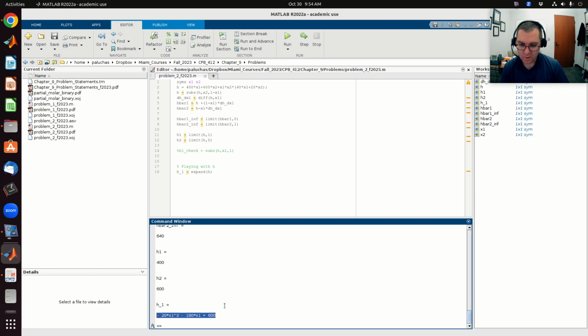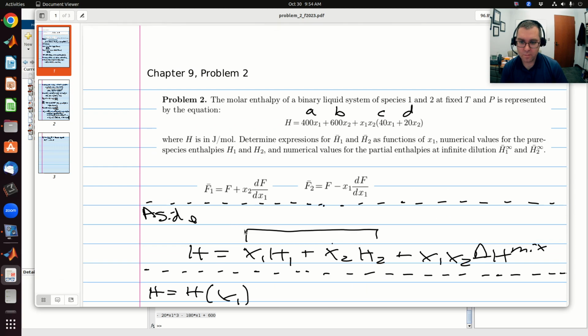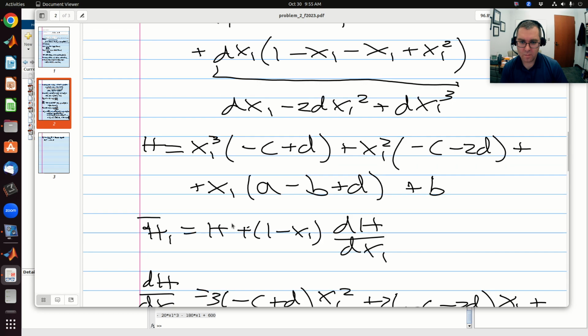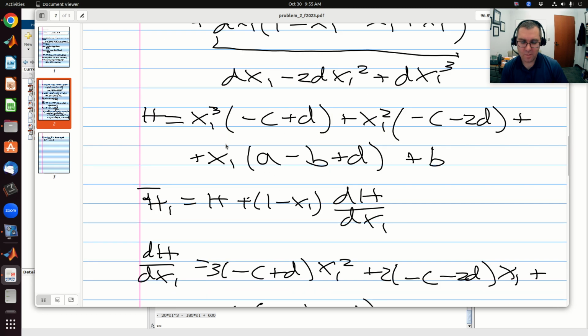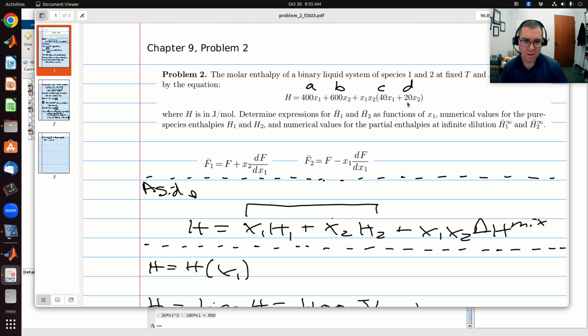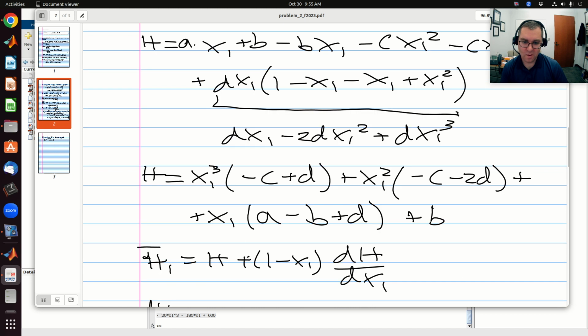20 x1 cubed minus 180 x1 plus 600. Okay, so did we simplify? I'd have to plug in my terms. So I have minus 20 x1 cubed. What is d minus c? D minus c would be negative 20. So my x1 squared term goes away, right?